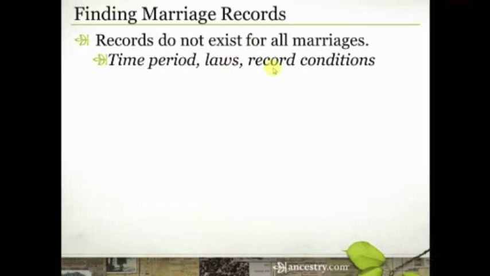Also, record conditions. A marriage may have been recorded, but that marriage record may no longer exist. I don't tell you this to discourage you by any means, but just to give you a realistic expectation. The more recent the record, the more readily available it should be. The further back you go, the more difficult it will be, but not impossible.